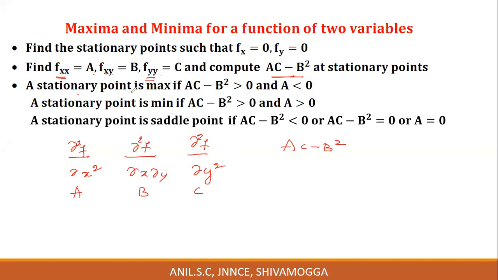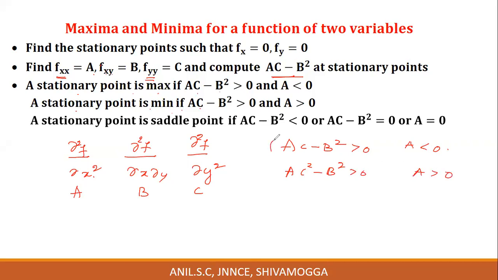The stationary point is said to be a maximum if ac minus b square is greater than 0 and a is less than 0. A means del square f divided by del x square. And a stationary point is said to be a minimum point if ac minus b square is greater than 0 and a is greater than 0.